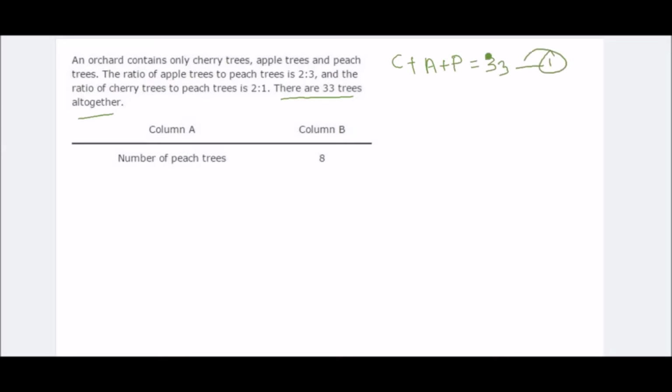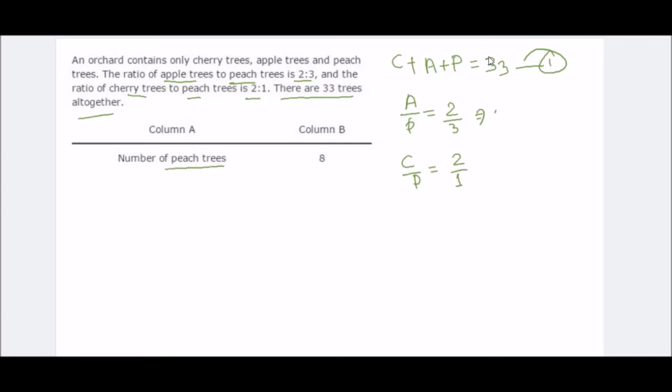First equation: C + A + P = 33. Then see here, the ratio of apple trees to peach trees is 2:3, so A by P is equal to 2/3. The next condition is cherry trees to peach trees is 2:1, so C by P is equal to 2/1.